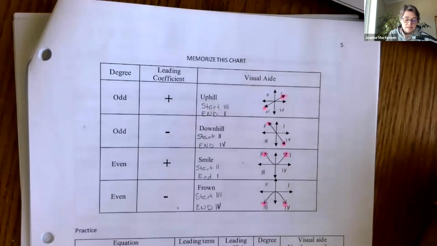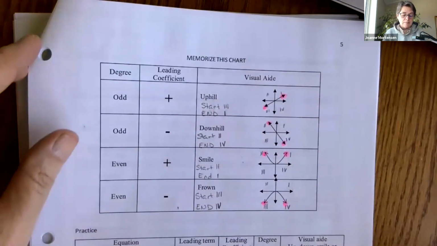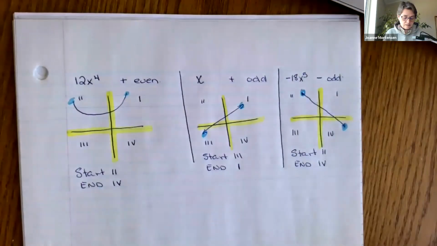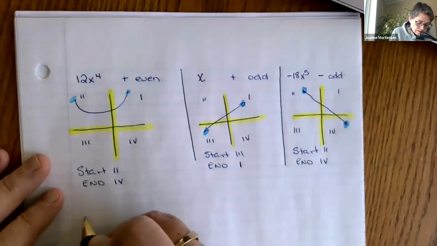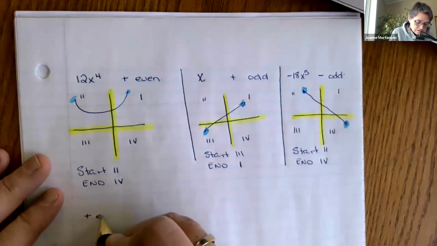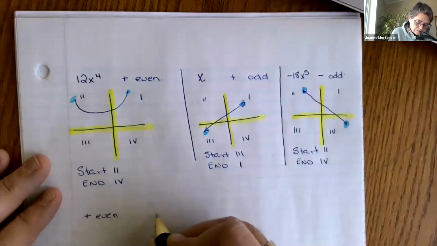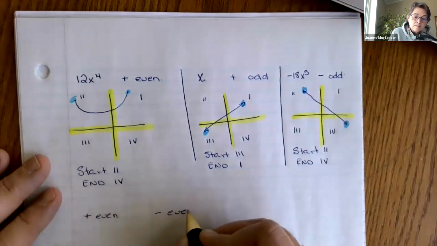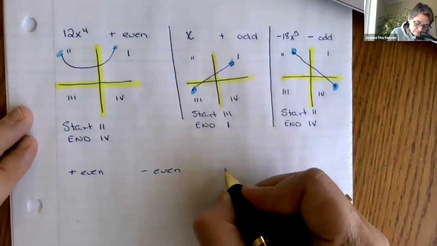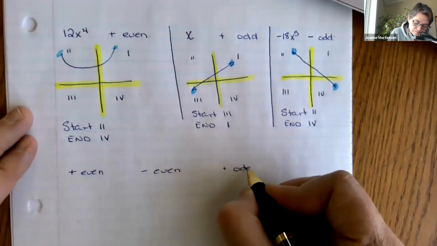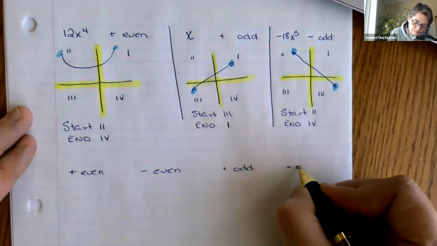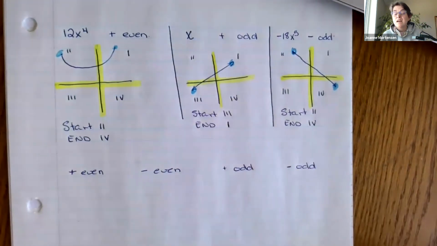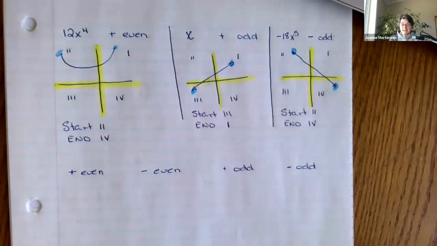If I was doing a test or something, what I would probably do is make myself a chart. And you know what? I would make it before I even started doing the test.